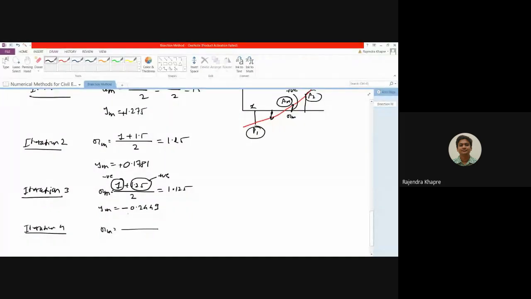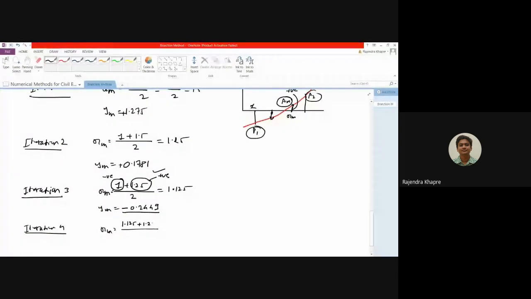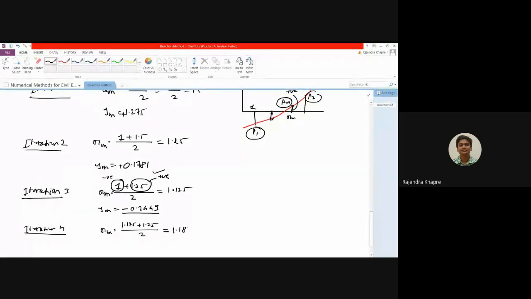Since the value of y is negative, we have to take the positive value over here. So I'm just going to bisect 1.125 here, this value will remain same, divided by 2. Can someone tell me what will be the xm now? 1.1875. Okay, and corresponding ym?